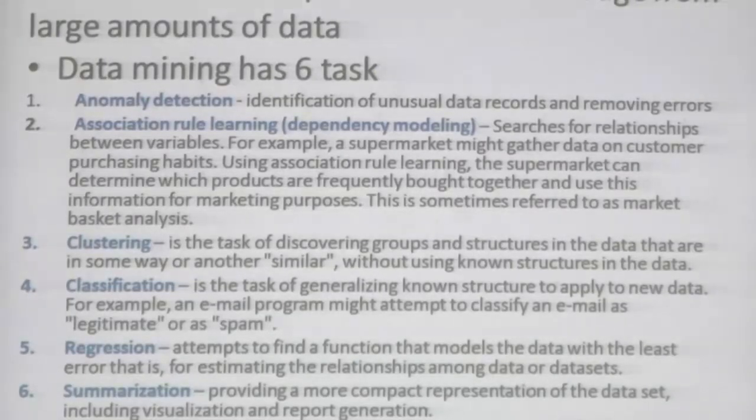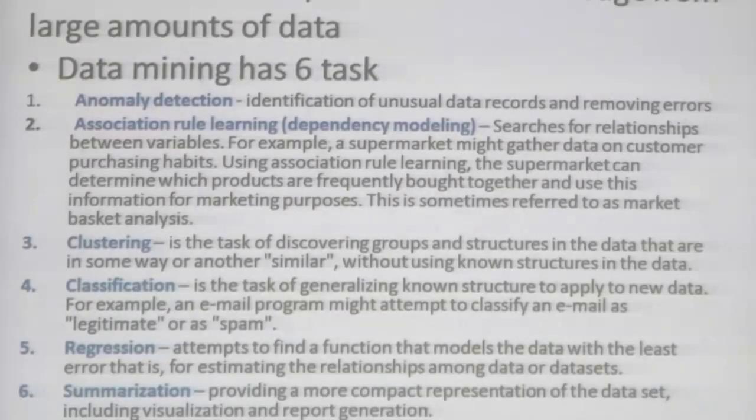So, normally in data, we use some data models and functions to eliminate some errors. Then we will talk about summarization, providing a more compact representation of the data set including visualization, report, generalization.